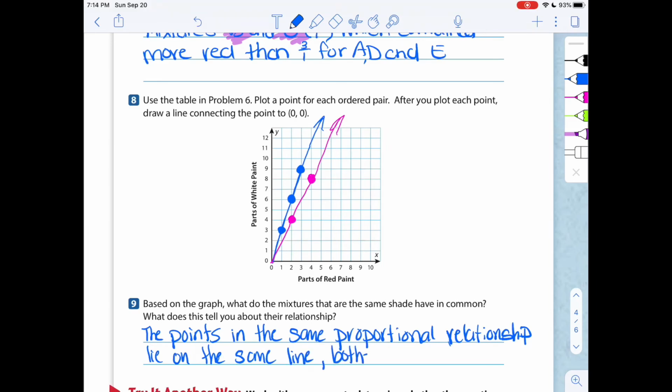And both go through the origin, because they're both proportional relationships. So they're both going to go through that origin, and they're both going to be a straight line. They're just two separate straight lines because I have two separate proportional relationships.